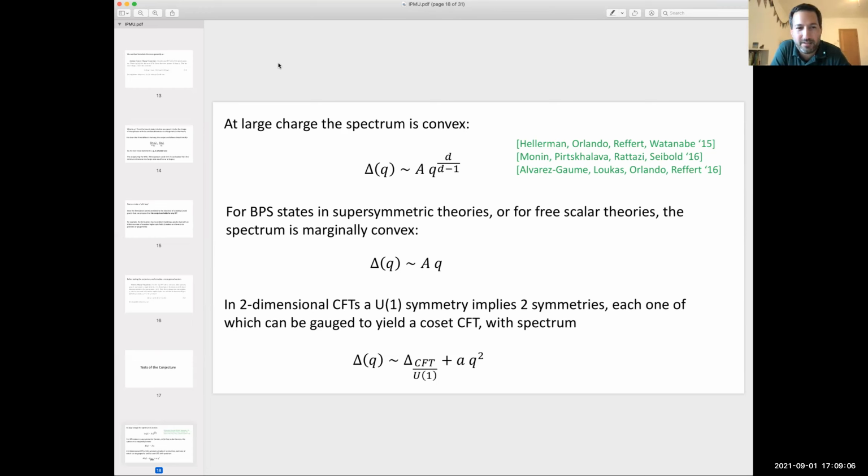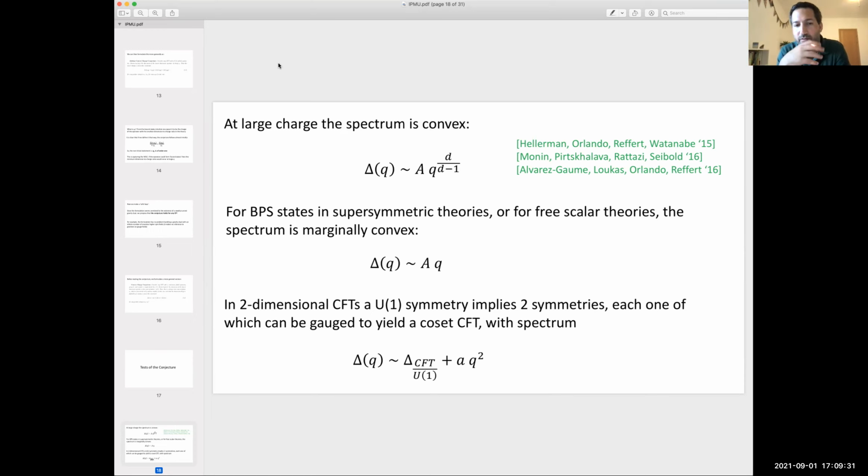Another thing we can say is consider two-dimensional CFTs, and then a U1 global symmetry implies actually two such symmetries. There's a left-moving and a right-moving symmetry, and we can choose to gauge one of the two. And if we do gauge that, then we yield a so-called coset CFT. And if we look at the spectrum under the other U1, the one we didn't gauge, the one that's still a global symmetry, then it behaves in this way.